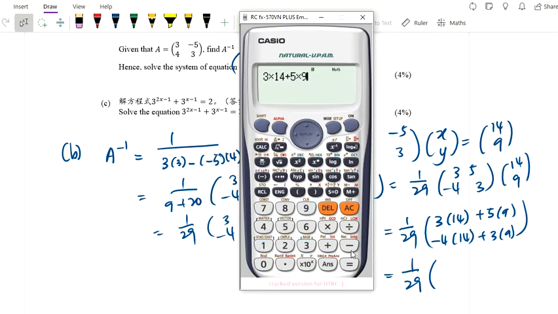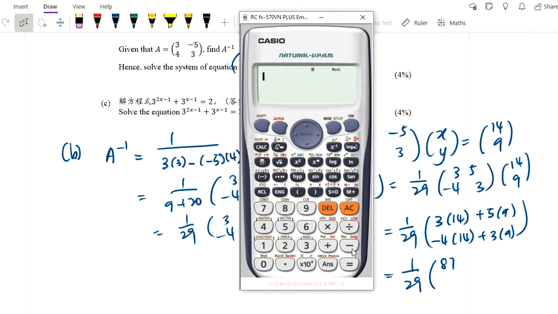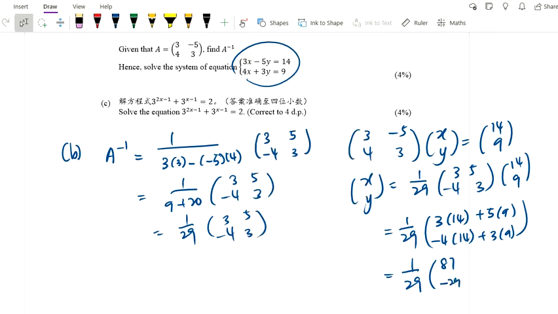Yeah, 87. Then for this one, negative 4 times 14 is negative 56, plus 3 times 9 is 27. So it should be negative 29. Okay, negative 29.